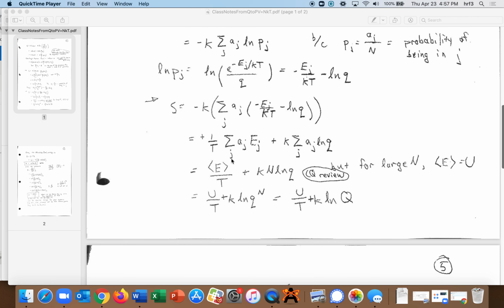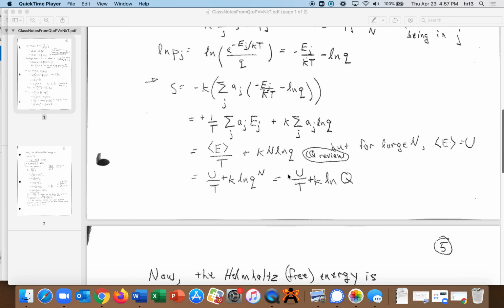But the sum over j of a_j E_j is just the average energy. This is because I've got the energy of state j weighted by the occupancy of state j, so it's just a weighted average. So I'm getting the average energy here for the molecules, and then I've got k, and this sum over a_j is just N, so then ln q.